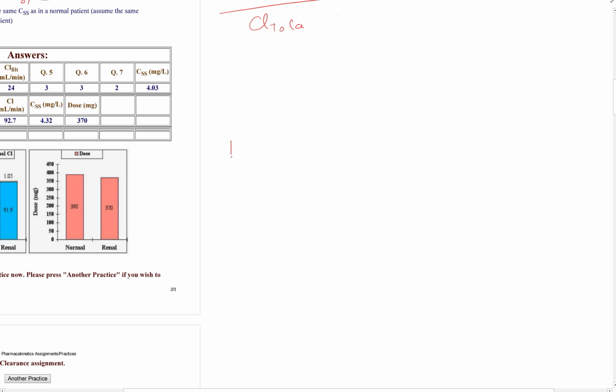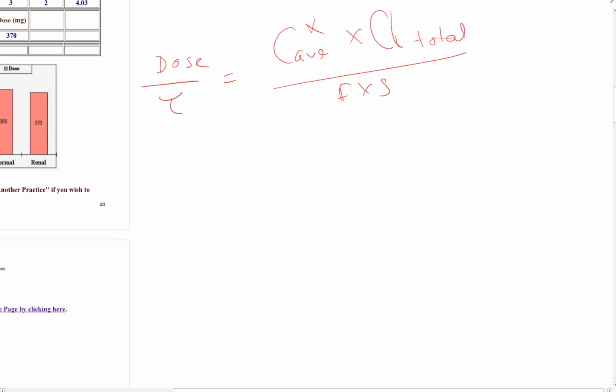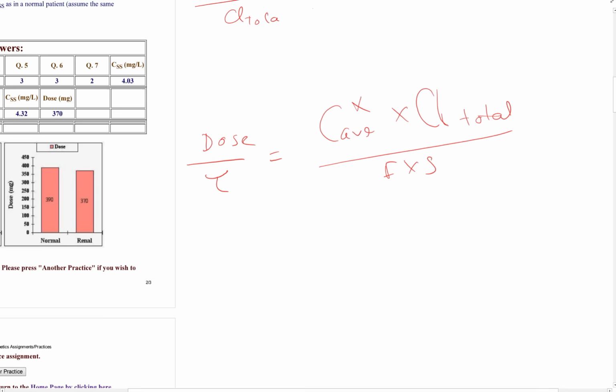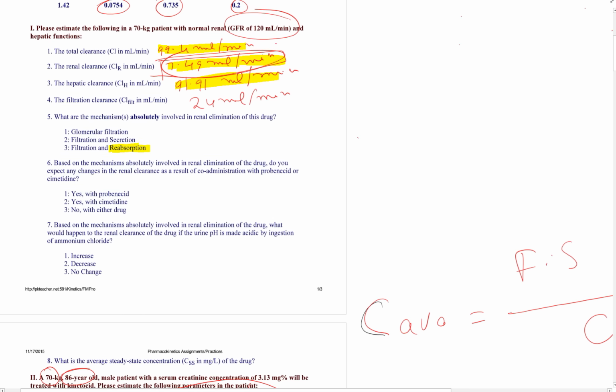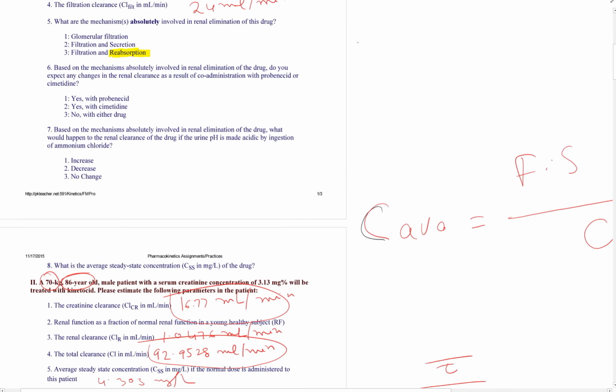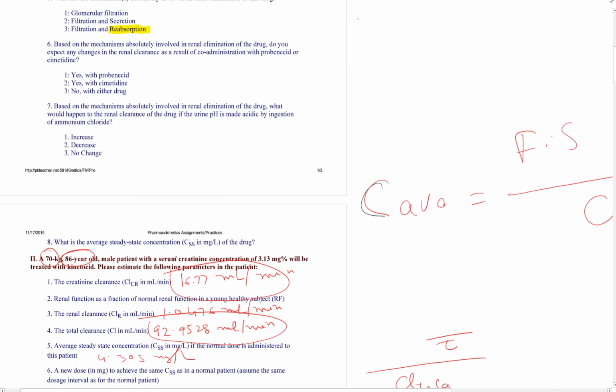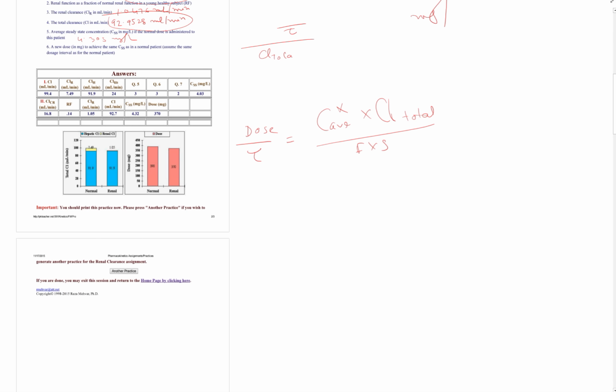Dose divided by tau is equal to C average times CL total divided by F times S. For the target C average, we use the answer from question number 8, which was 4.026 milligram per liter.